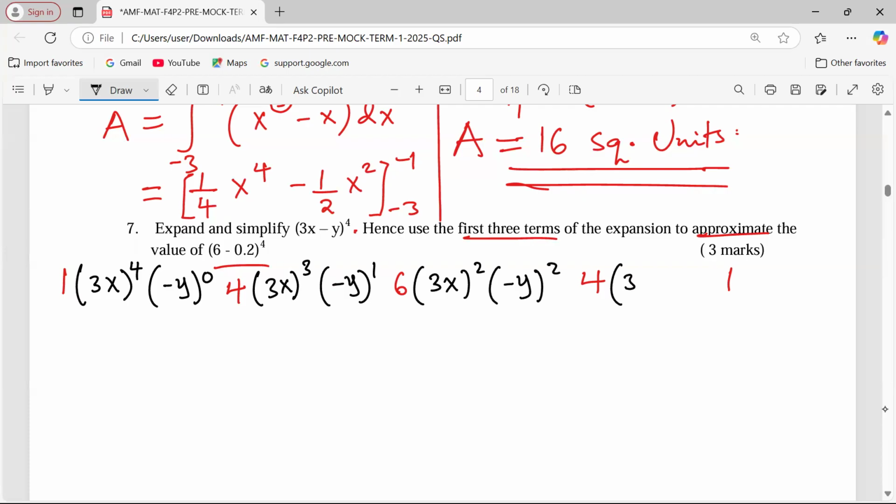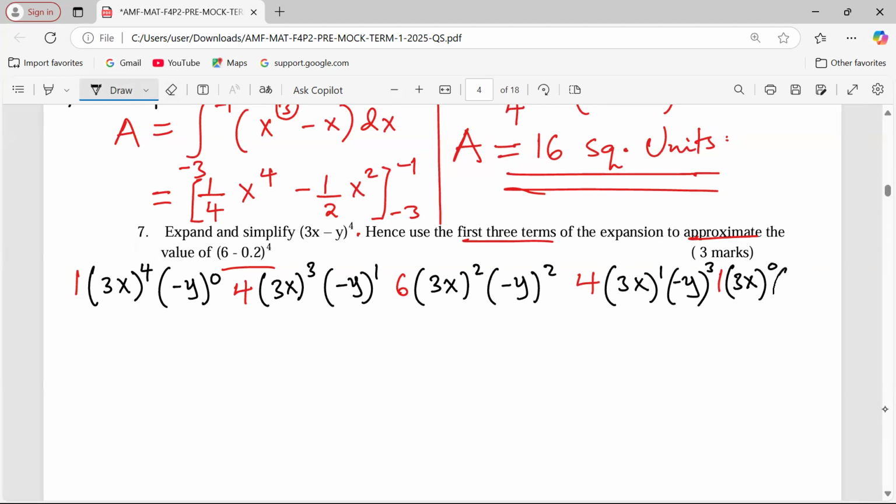Then here we'll have 3x taking power 1, yet negative y goes to power 3. And finally, 3x will take power 0 as negative y assumes power 4. Yeah, that's all.